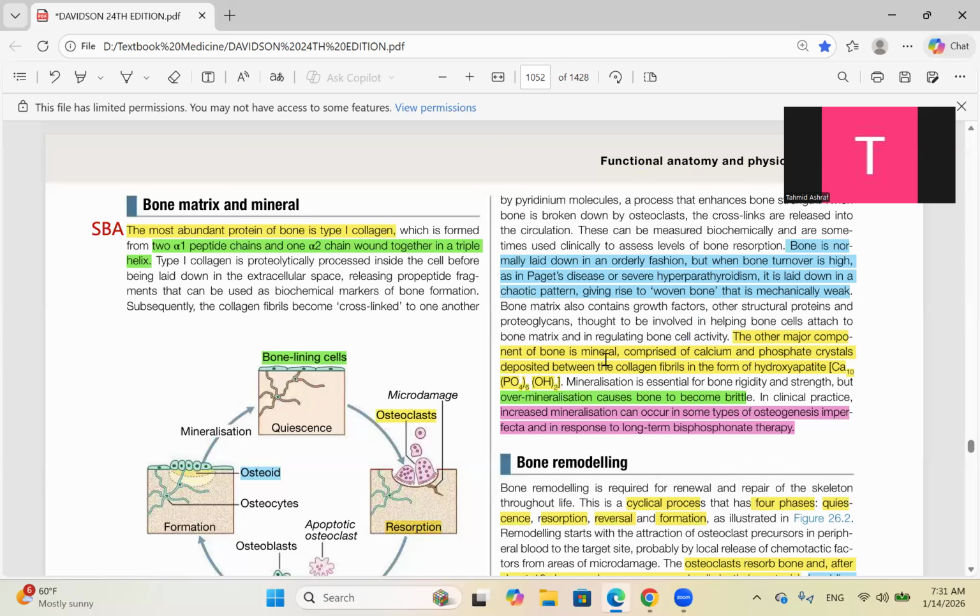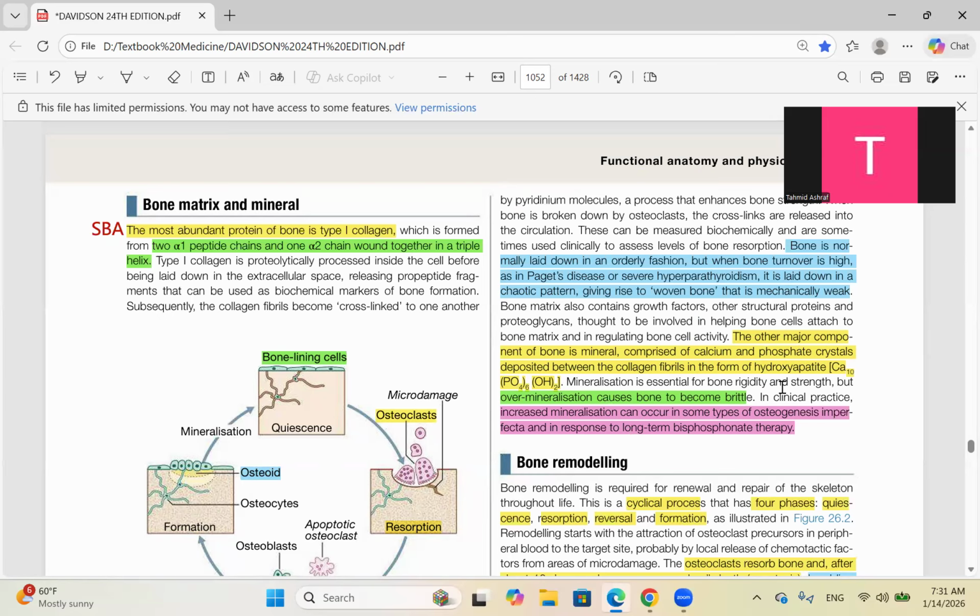Bone mineral is composed of calcium and phosphate crystals deposited between the collagen fibrils. Bone is composed of type 1 collagen, and in between the collagen fibrils, there is deposition of those calcium and phosphate crystals.